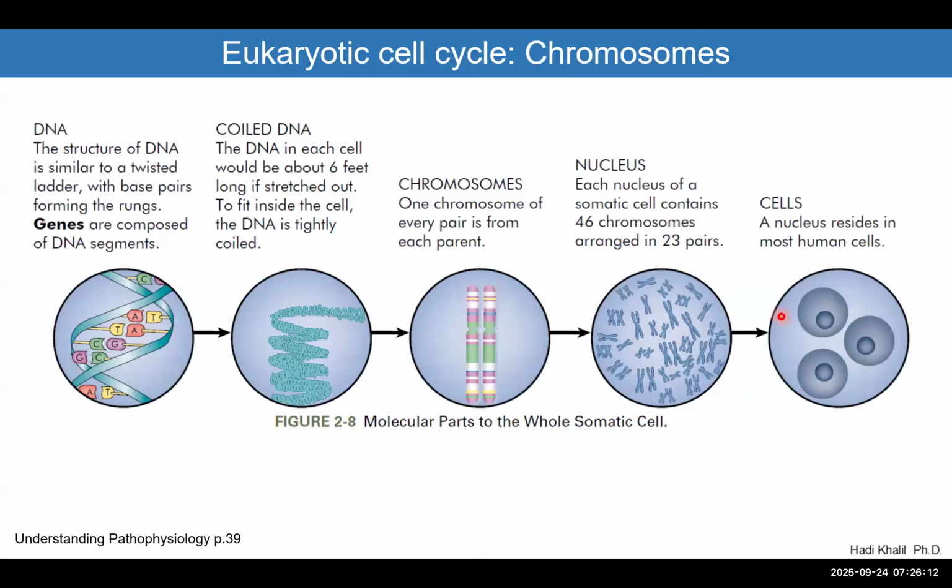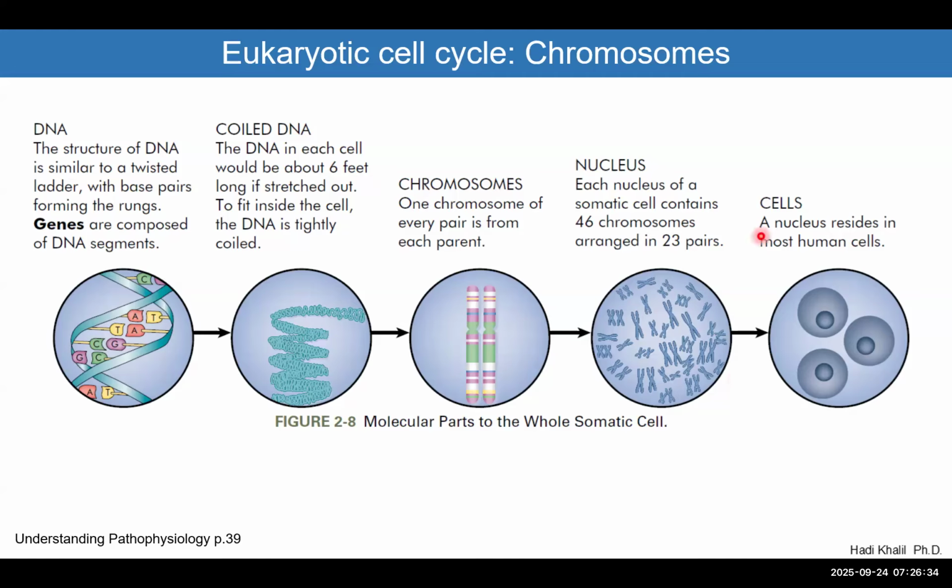And then those are wrapped in the nucleus in duplicates. So we have 23 pairs, a total of 46 chromosomes, right? Obviously, we are describing this as 23 because each one exists in duplicate.